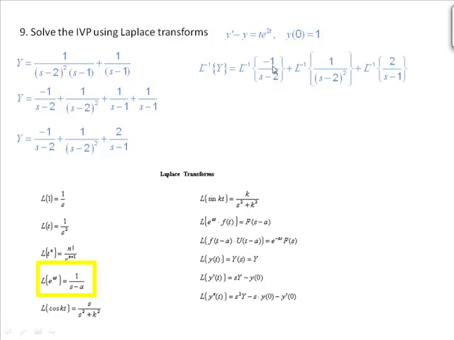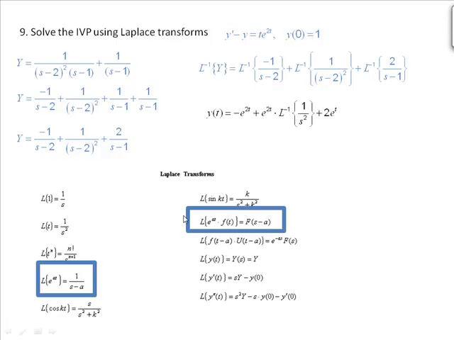The inverse transform of 1 over s minus 2 is e to the 2t. The inverse transform of 1 over s minus 2 squared, that's going to give you a shift. It's going to give you e to the 2t times the inverse transform of 1 over s squared. And the inverse transform of 2 over s minus 1 is 2e to the t.